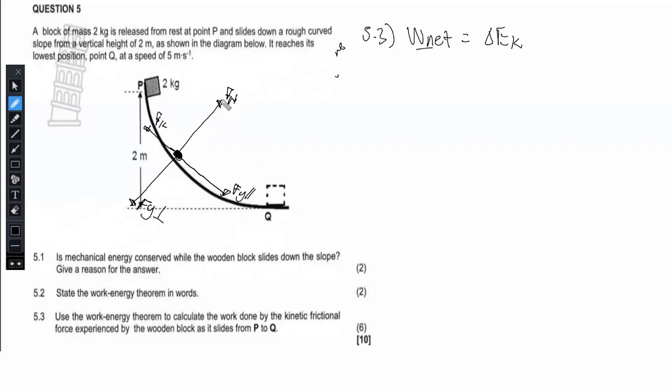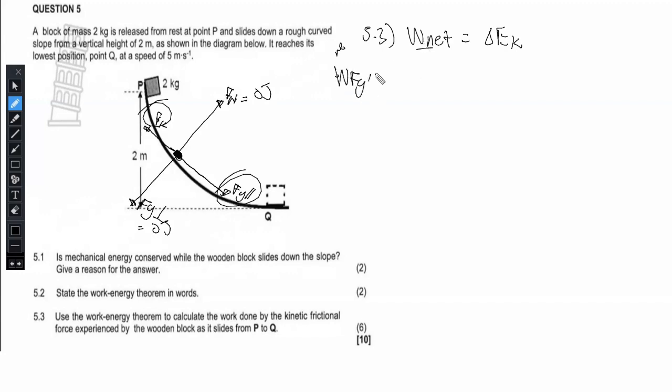Now, we do know that we don't consider the vertical forces or the forces that are perpendicular to the surface because they do not do any work. So this one will give us 0 joules, and this will also be 0 joules, because forces that are perpendicular to the displacement do not do any work on the object, meaning the only forces doing work on the object are your FG parallel and also your FK. So the WNet here will be represented by what?